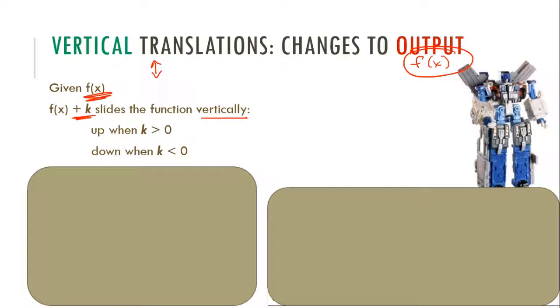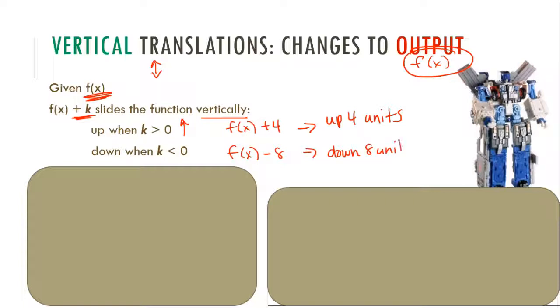So if it's a positive, that really means we're moving up. So if I had f of x plus 4, this really means I'm moving up 4 units. And if I had f of x, let's say minus 8, this really means I'm moving down 8 units. Okay?